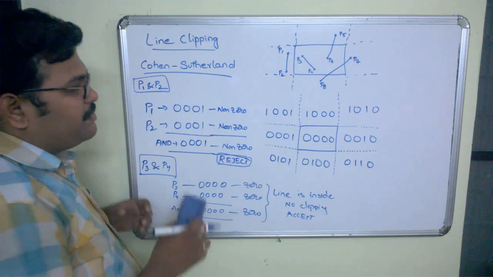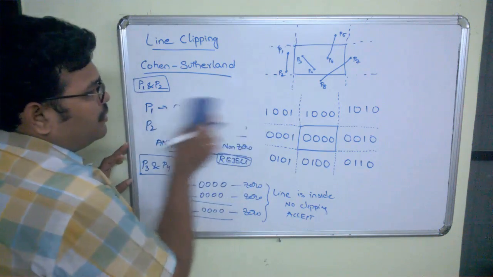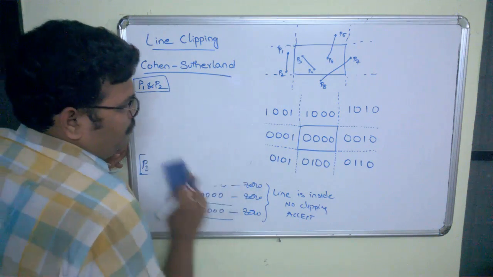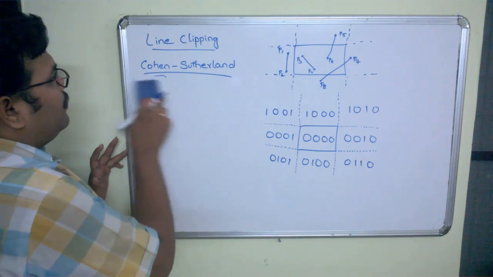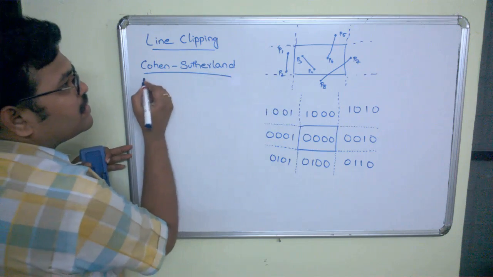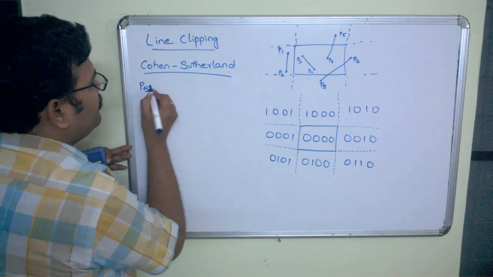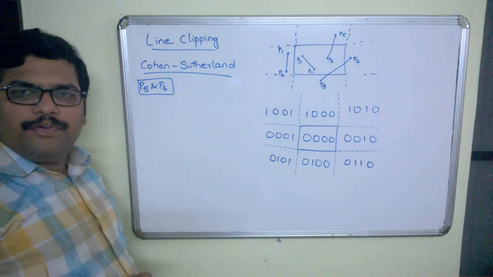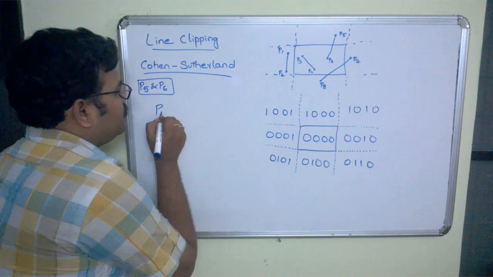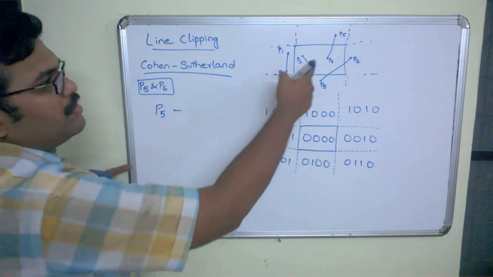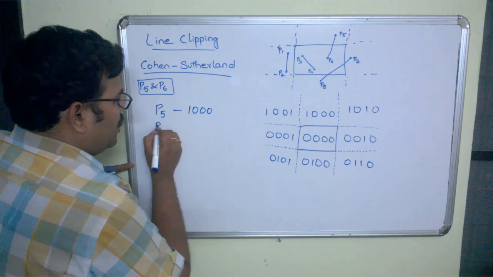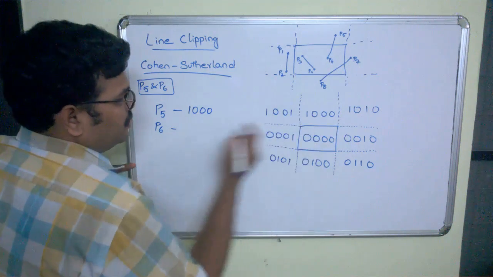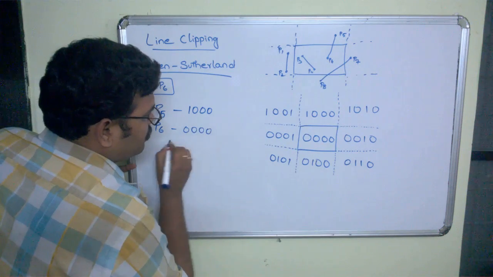And the third case, coming to the third case, consider P5 and P6. The region code for P5 is 1000. Region code for P6 is 0000.